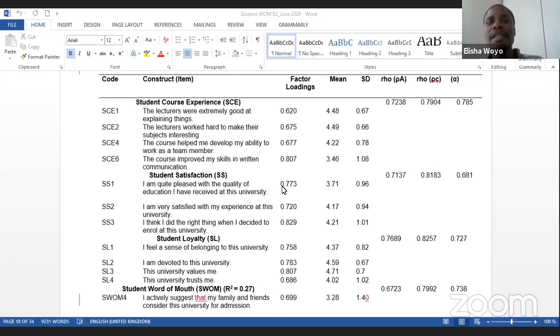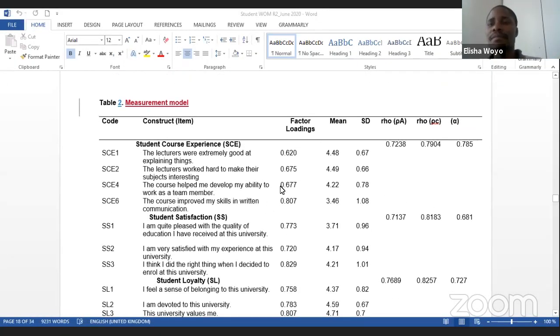So you look at this paper I'm working on. We are trying to understand the influence of course experience and student satisfaction, and how it influences student re-enrollment for a master's degree. How does it influence word of mouth recommendations?